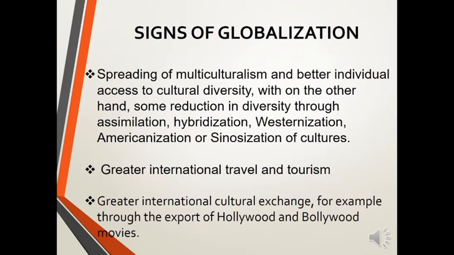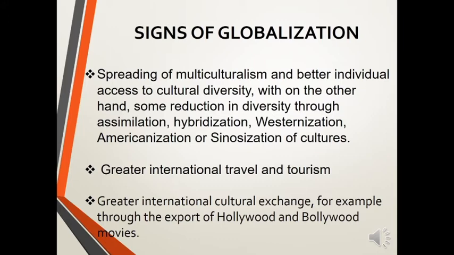Now, when we say assimilation, it means the process of adapting or adjusting to the culture of a group or nation. When we say hybridization, it is the process by which a cultural element or characteristic blends into another culture by changing the element to fit in the cultural practices.